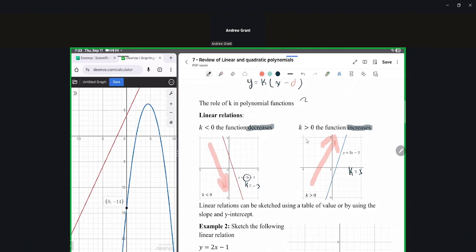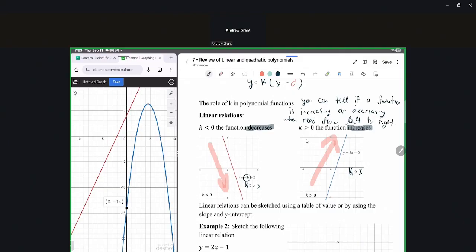So as a serious note, you can tell if a function is increasing or decreasing when read from left to right.